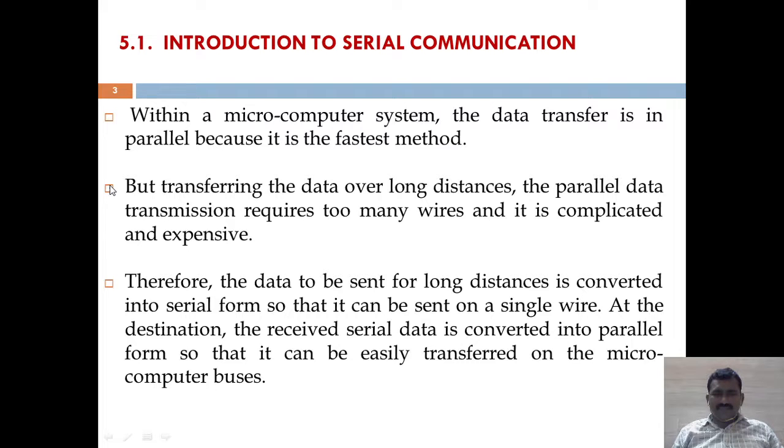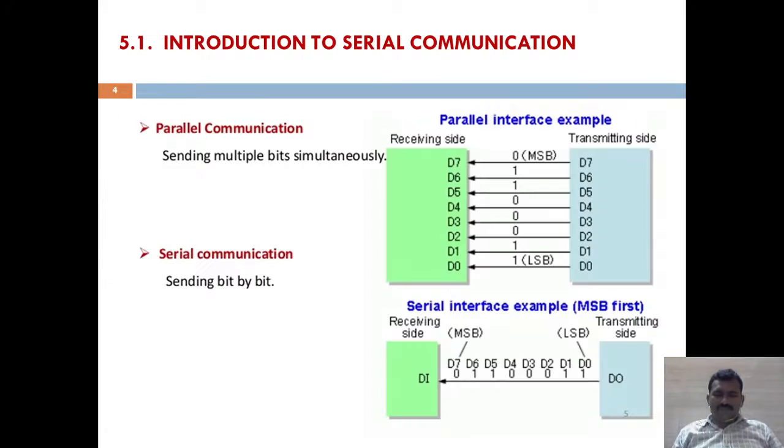At the destination, the received signal data is converted into parallel form so that it can be easily transferred onto the microcomputer system. For example, parallel data transmission means sending multiple bits simultaneously like this; 8 bits, 8 wires are required. But in serial communication, we can send one bit at a time, and only one wire is required.